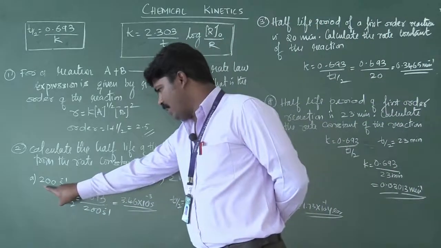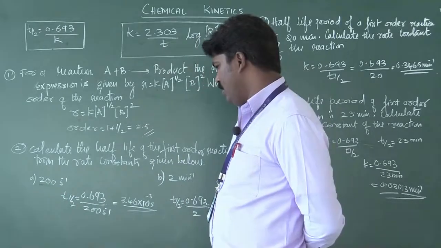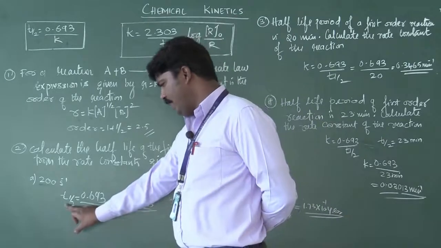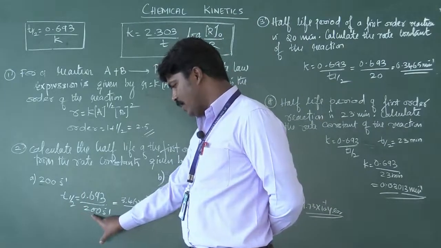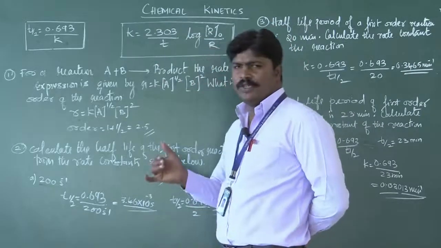Therefore, they have given the rate constant as 200 per second. Now I can calculate the half-life. T half is equal to 0.693 by K, and K value is 200 per second, and if I calculate, I get the value 0.0034.